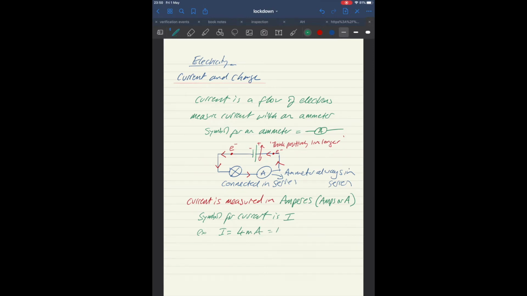Milli, well done. 4 times 10 to the minus 3 amps. Okay, that's what that means.